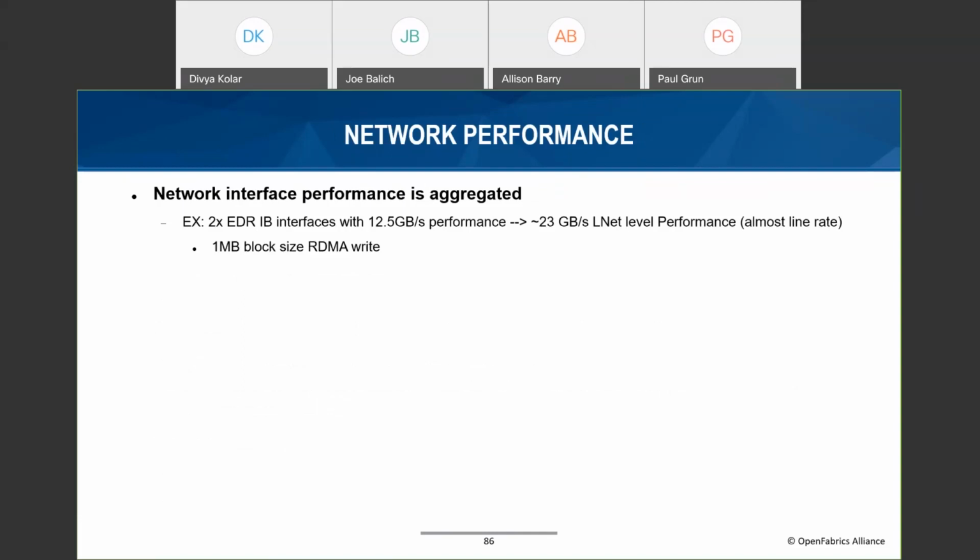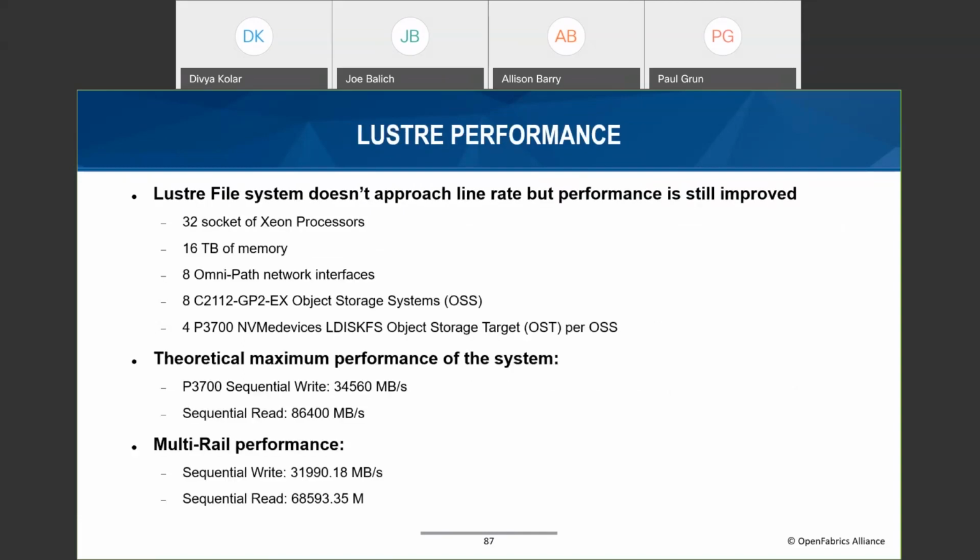Next slide, please. Here's a more realistic Lustre performance test done in the early days of the multi-rail development. On that system, with a theoretical maximum performance of 34.6 gigabytes per second write speed and 86.4 gigabytes per second read speed, we were able to achieve 32 gigabytes and 68.6 gigabytes respectively. Next slide, please.